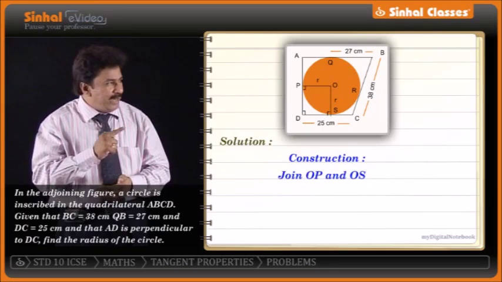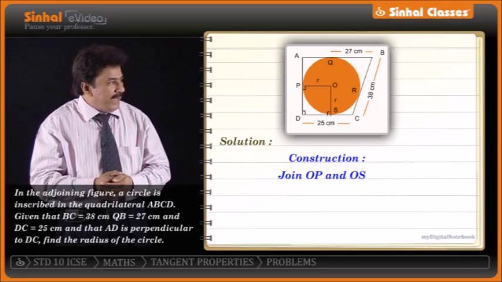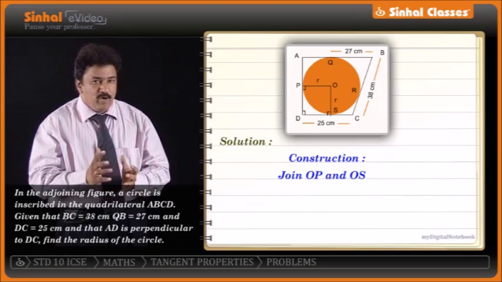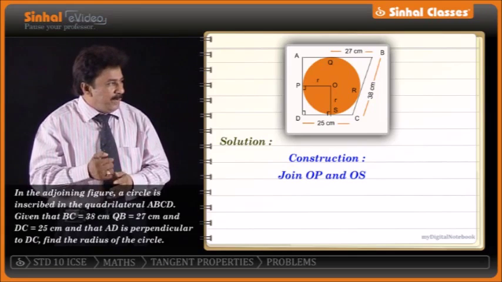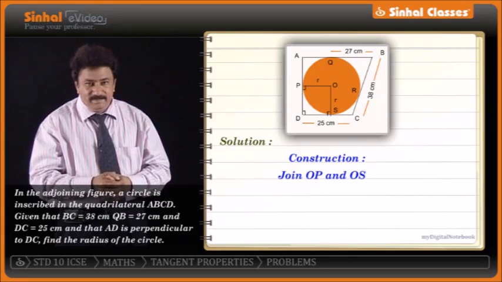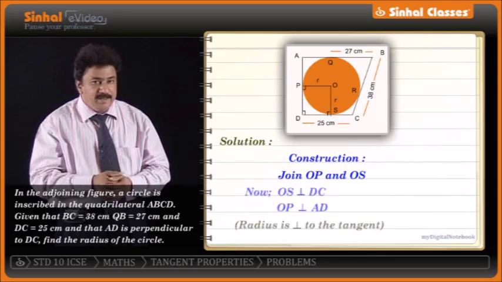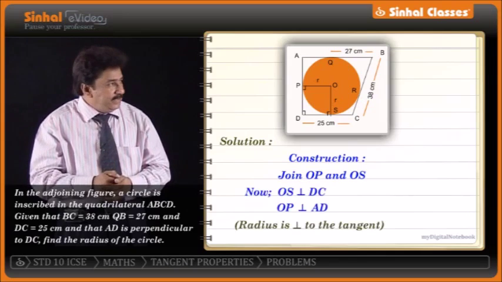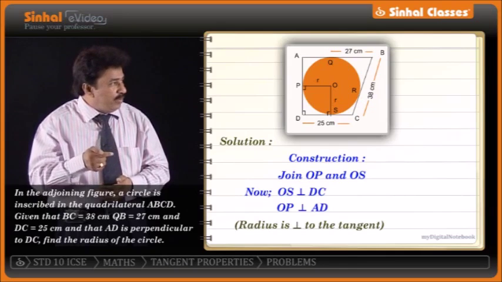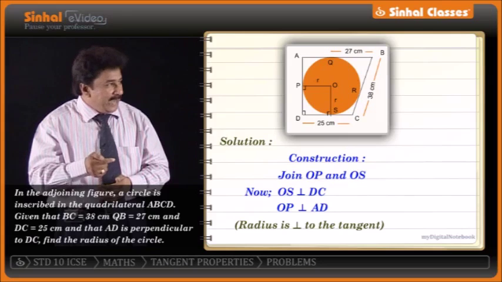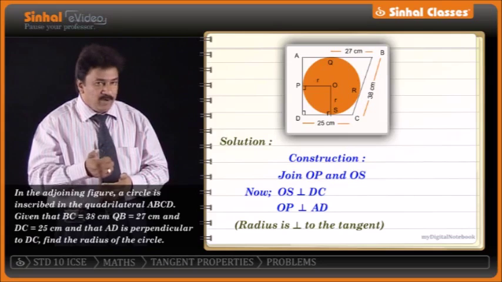After joining, see what figure I get. I get OSDP, a quadrilateral. In this, first of all, OS is perpendicular on DC, because the radius is perpendicular to the tangent. I also get that OP is perpendicular on AD. So I get angle OPD is 90 degree.